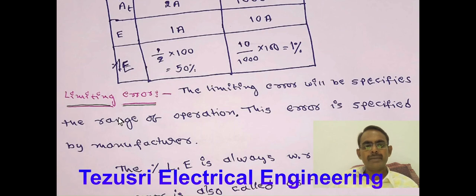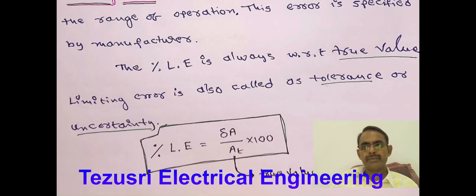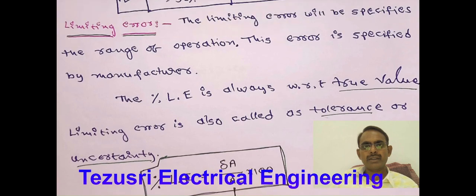Next, the important term, limiting error. The limiting error specifies the range of operation. This error is specified by the manufacturer at manufacturing time. The percentage limiting error is always with respect to true value.